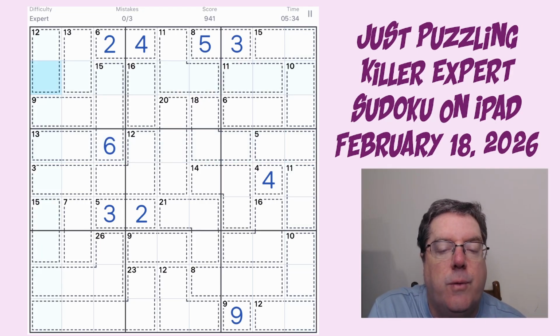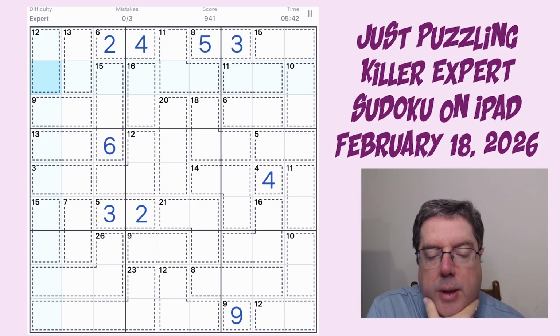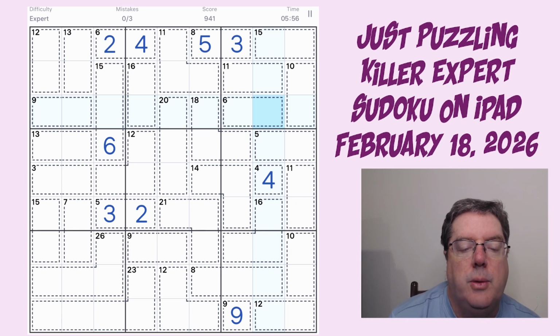So this can be 4, 5 and 3 here. Okay, so that's not helping me. 1, 4. 4 doesn't reach that row, so 4 and 7 can be here, 4 and 6 can be here, 4 and 2 can be here. 2 and 1's there, 2 and 3's there, so 3's there.